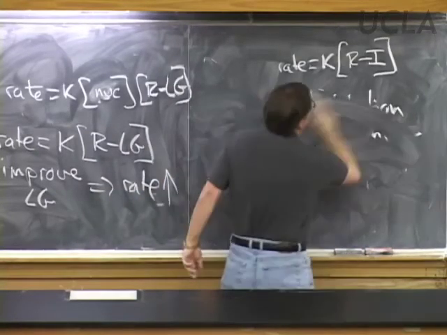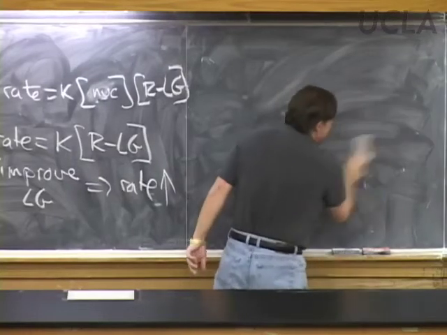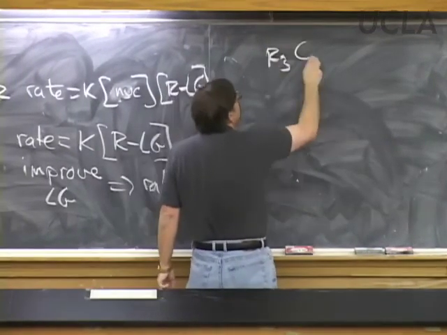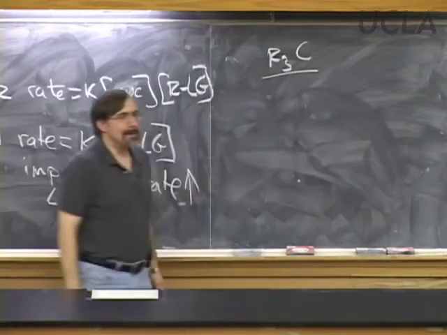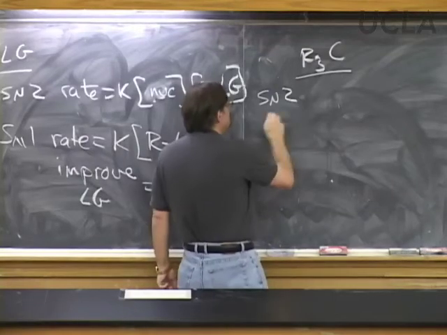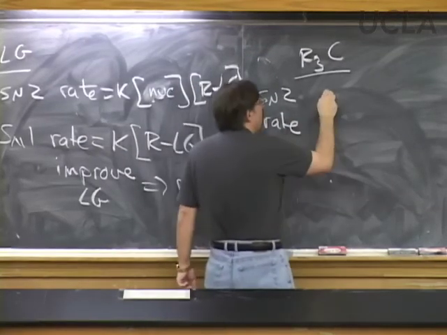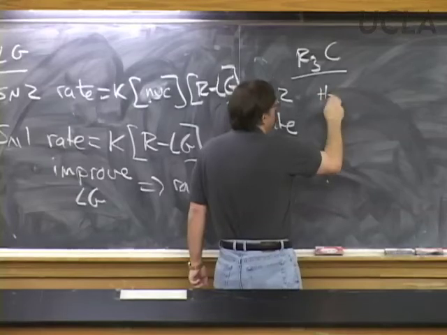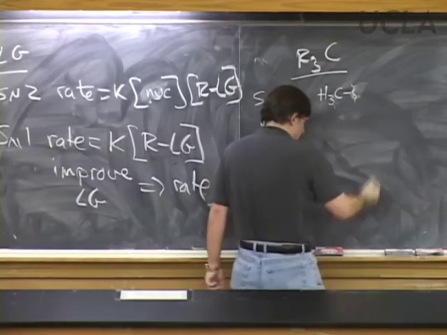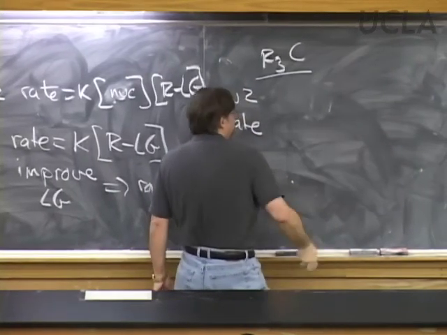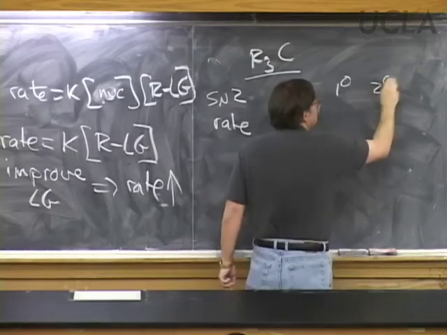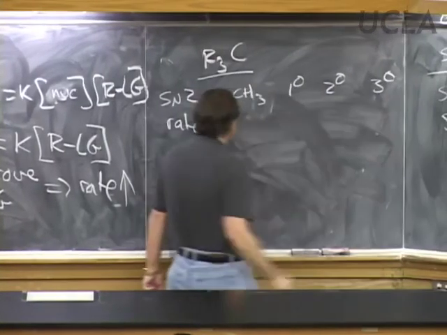All right. Another variable we talked about was the things attached to the carbon, the R groups of the electrophile. In SN2 rate, we talked about methyl, primary, secondary, tertiary in terms of rate.